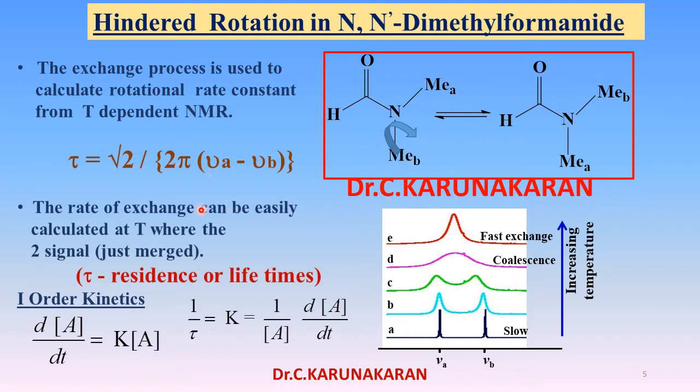Using temperature dependent NMR, we can calculate the rotational rate constant for this hindered rotation process. We know that 1 over tau, the lifetime, is equal to the rate constant. Therefore, the rate constant for this rotational exchange process can be calculated using dynamic NMR.